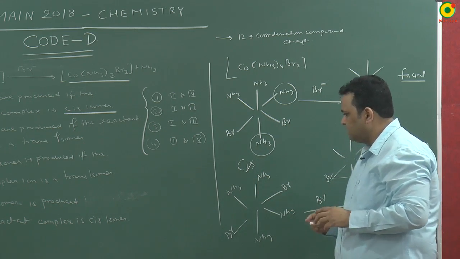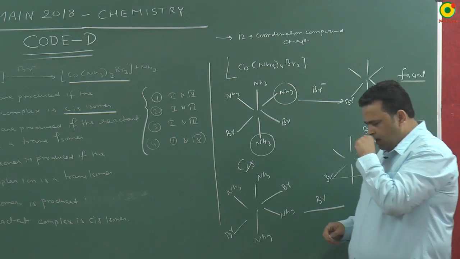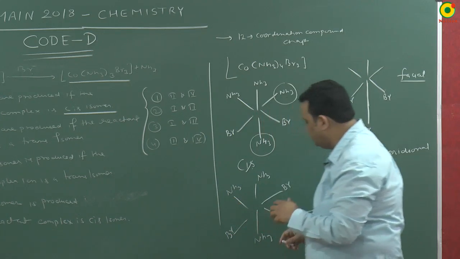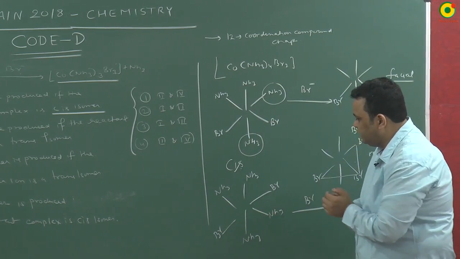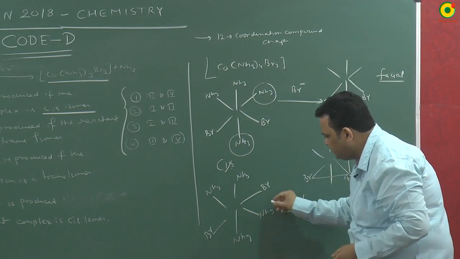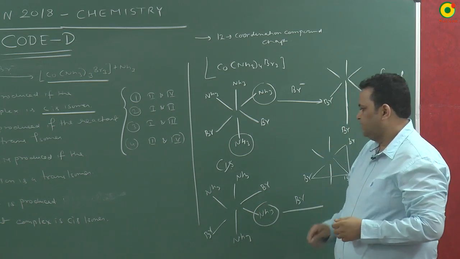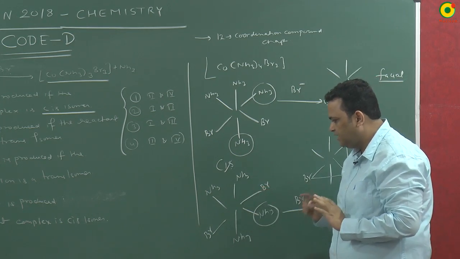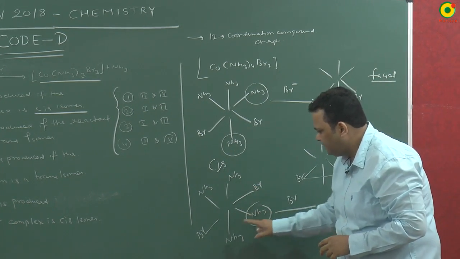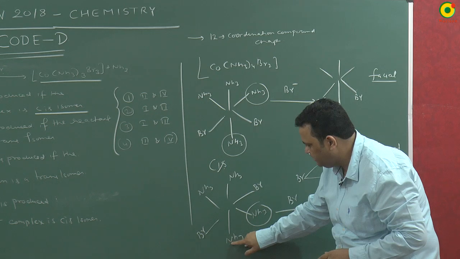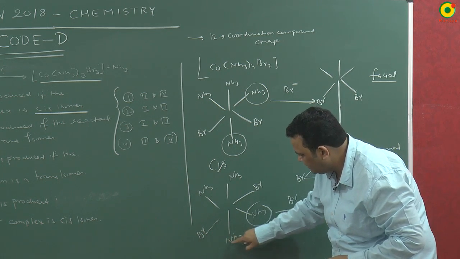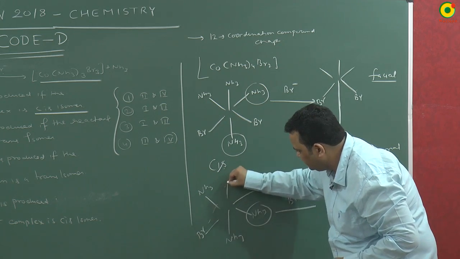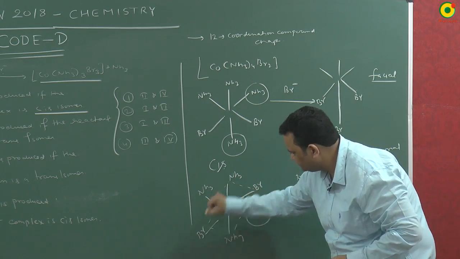Now I am replacing one of the ammonia with the Br ligand. If I replace this ammonia, then all Br will be in the same plane, which means it is a meridional form. If I replace this one with Br, then if I take this plane, all 3 Br will be in the same plane, like we can watch this plane also.